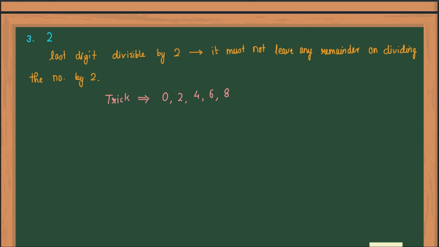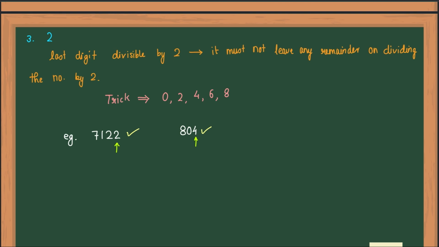Now, let us consider some examples. If I am writing 7122, the last digit is 2, and according to this trick, we can say that this is divisible by 2. If I am taking up 804, again, the last digit is 4. It is also divisible by 2.